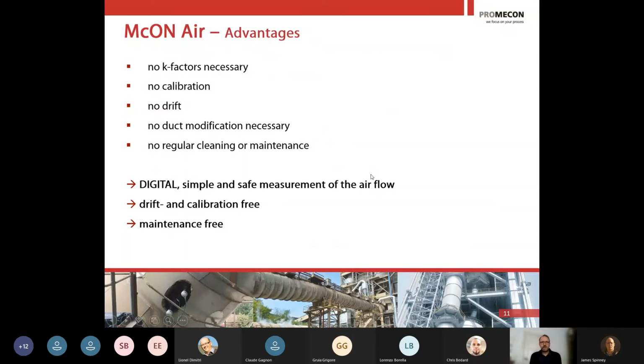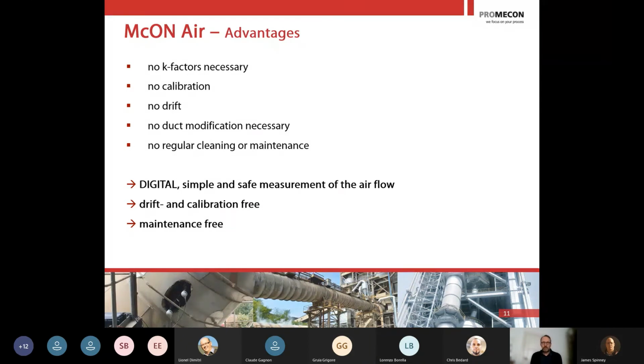The advantages are that we have a direct measurement of the flow, so no K factors are necessary. We also usually don't need a calibration. And one of the big advantages is there's no drift of this measurement, which can be found for differential pressure measurements. We have a little word on that a bit later.